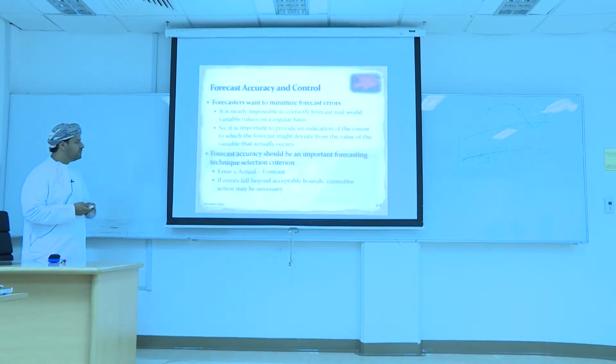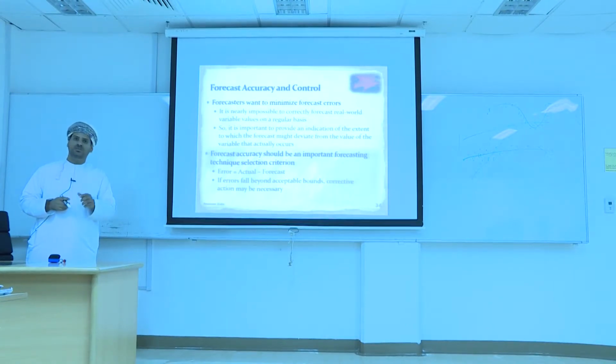If errors fall beyond acceptable bounds, corrective action may be necessary. That is important. If your forecast deviates after some time beyond some limits, then maybe it is time to change your forecasting model to one that better fits your data. This could be because there was a change in the behavior of your customers.